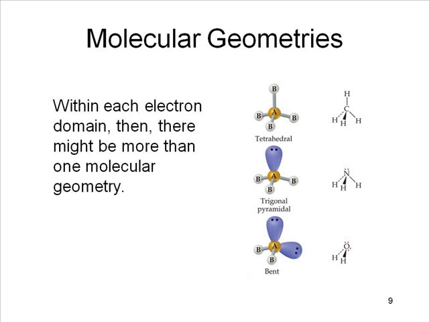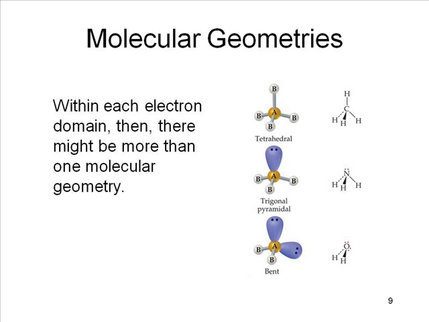The molecules water, H2O, ammonia, NH3, and methane, CH4, all have electron domain geometries of tetrahedral. But water, represented on the bottom, has 2 lone pairs, ammonia has 1 lone pair, and methane has no lone pairs. So the water molecule ends up being bent, even though it's that same 109.5 degree angle.